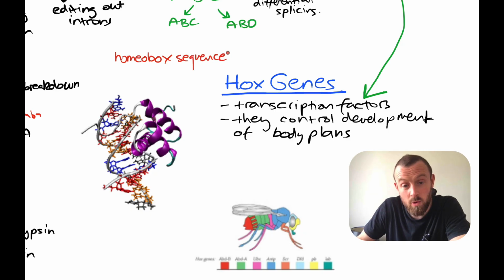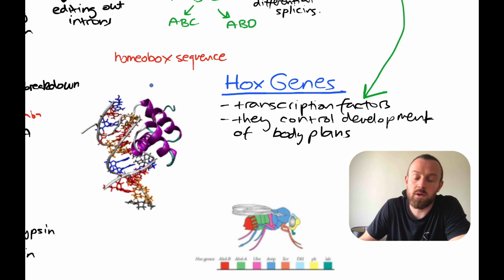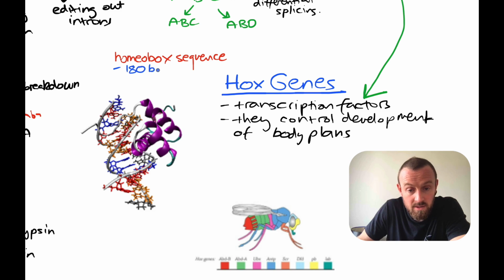The homeobox sequence is a sequence that crops up in the genome of this fruit fly here, Drosophila, many times. And it consists of a 180 base pair stretch of DNA. And because there's 180 base pairs in the DNA, this codes for a 60 amino acid protein. Okay, remember 3 base pairs per amino acid.